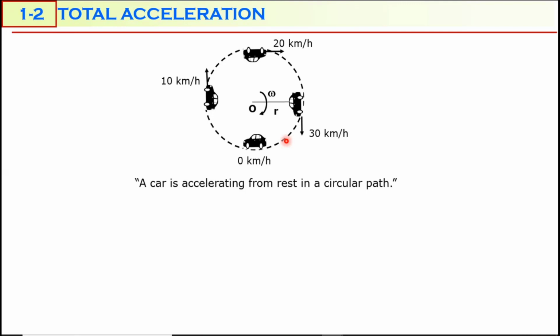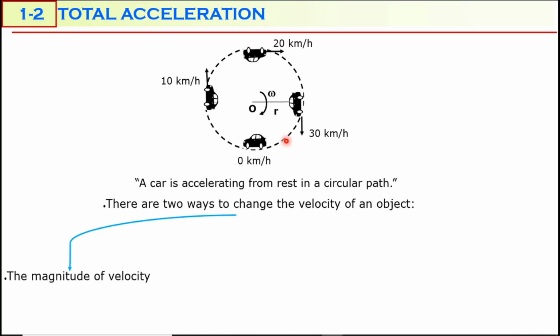Here this car will have two accelerations. One is because the magnitude of the velocity is changing, from 0 to 10, from 10 to 20, from 20 to 30, from 30 to 40, and so on. We will calculate a tangential acceleration.